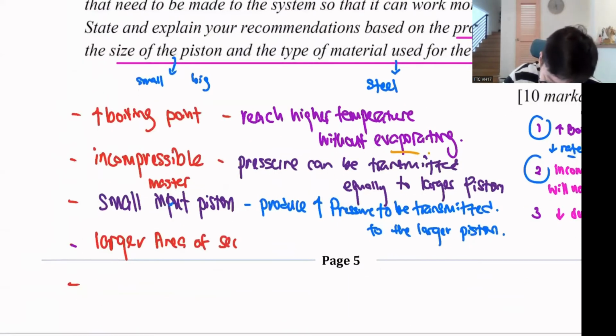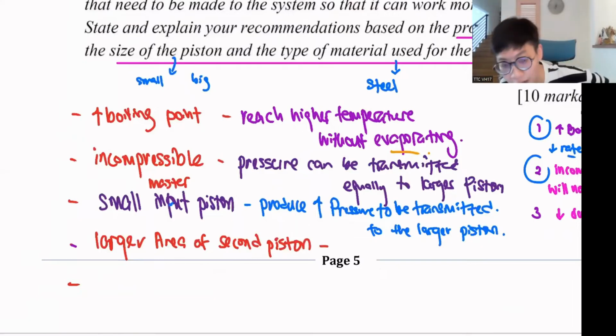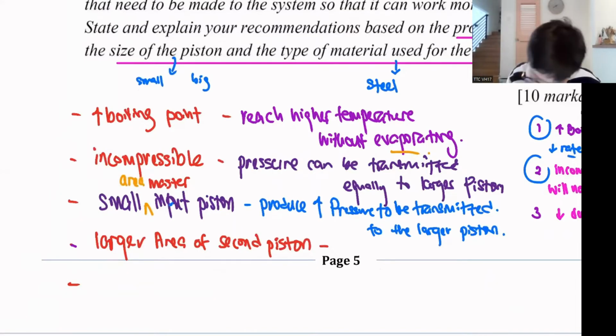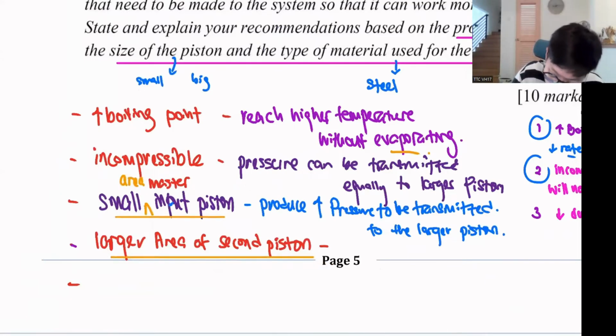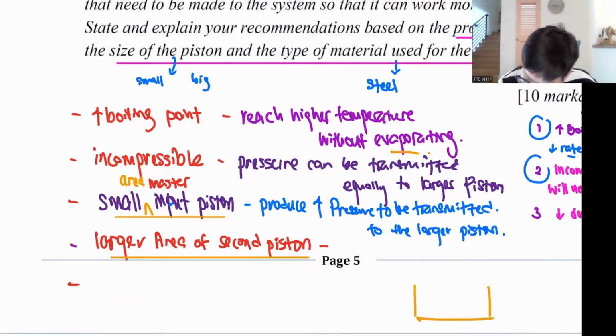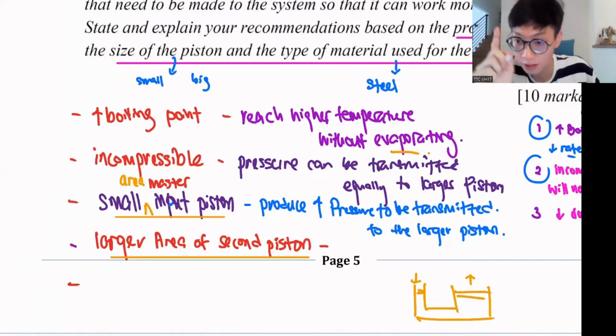They never use the word slave, so don't use slave. They say second piston. Then you equate the word: small area of the master input piston, the explanation, and the larger area of the second piston, meaning your input and output areas are not the same.